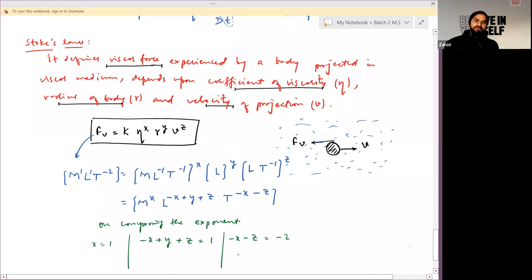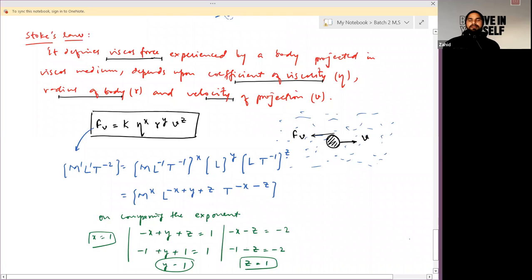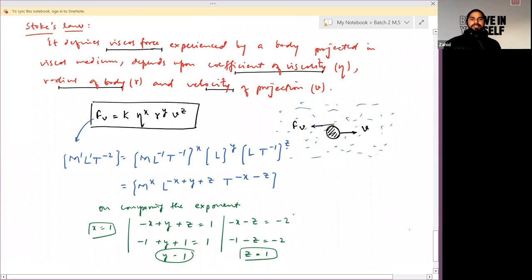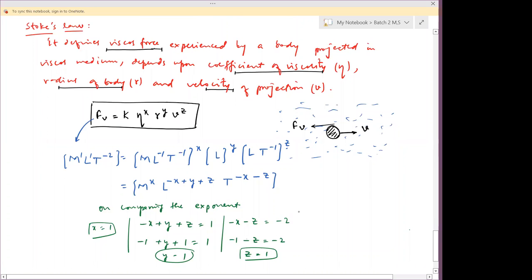Put the value of x as 1, so it will be -1 minus z equals -2, or z equals +1. Now put these two values in the middle equation: -1 plus y plus 1 equals 1. So y will be equal to +1. Asma, you got this? Yes, I got this.